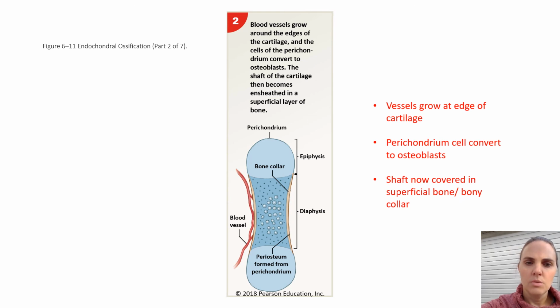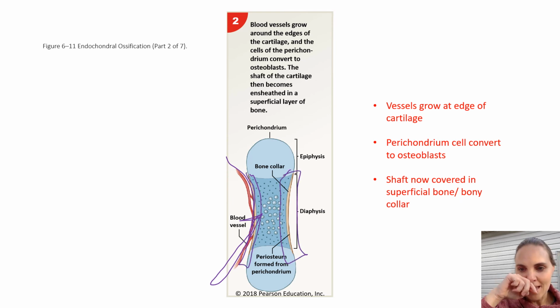So we get these blood vessels coming in, and the cells on the edge of that shaft convert to osteoblasts. Remember, osteoblasts are immature bone cells. And so we get this kind of superficial bony collar around that shaft. And then in the center, we've got these basically little holes within that calcified matrix.